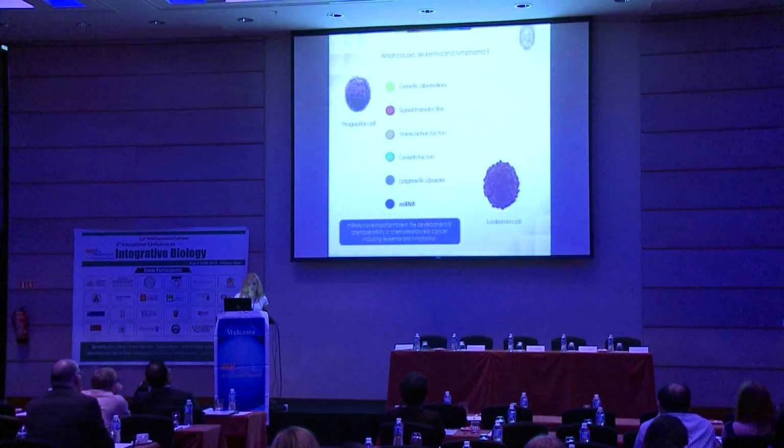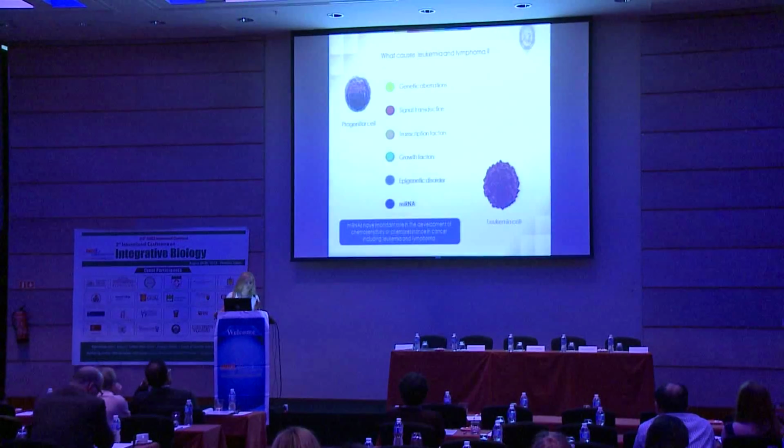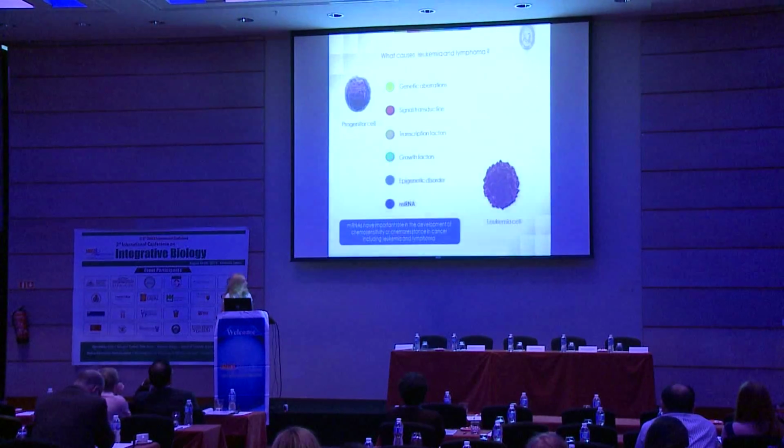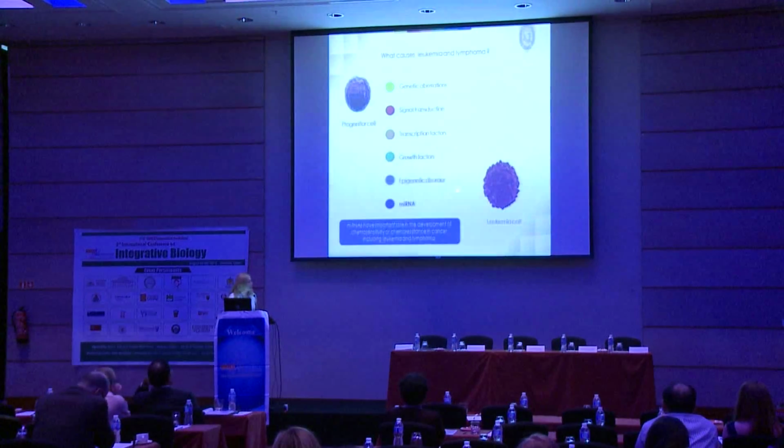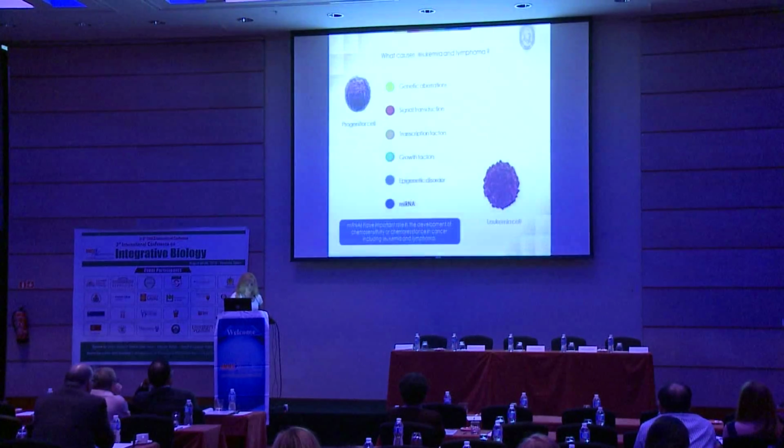The main factors which cause leukemia and lymphoma are genetic aberrations, which lead to changes in signal transduction, transcription, and growth factor expression. And nowadays, much attention has been focused on epigenetic disorders, which include microRNA.